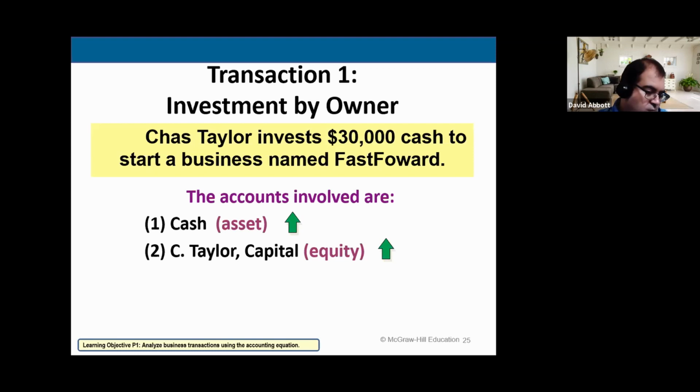They give an example of that on the next page. But in this example, what we'd have to do is debit cash, because we're increasing cash, and credit his capital, C. Taylor, Capital. Because remember, the debit and the credit have to match, and our scale has to match. Okay?